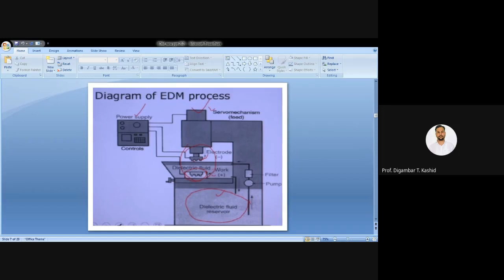If there is not a particular minimum gap, then there will not be any machining. For machining to start, there should be an interelectrode gap, which may be in the micron range.